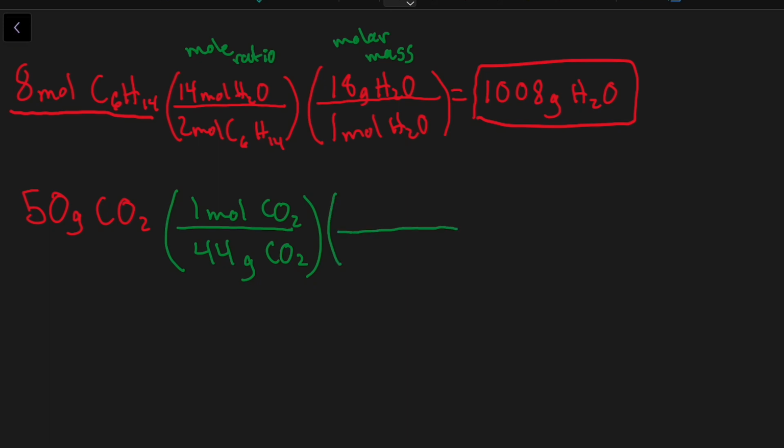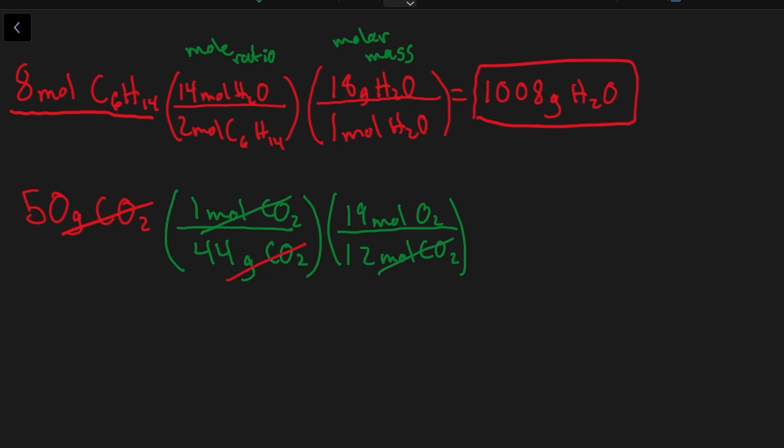According to the balanced chemical equation, for 19 moles of oxygen, you have 12 moles of CO2, right? Remember that you have to arrange things like this because you want to cancel the grams of CO2 with the grams of CO2, and then the moles of CO2 with these moles of CO2.